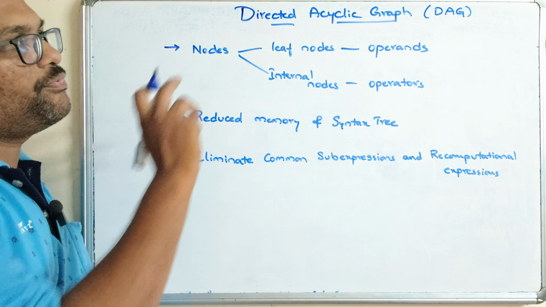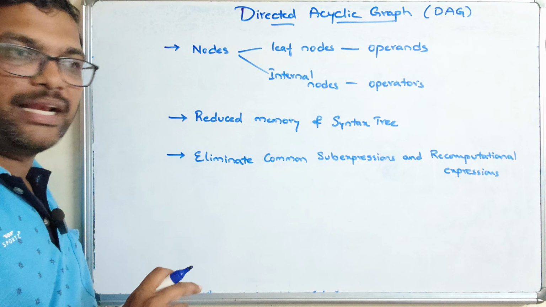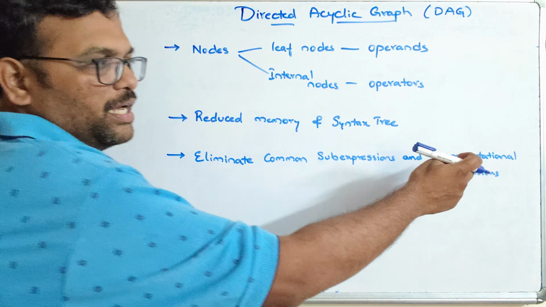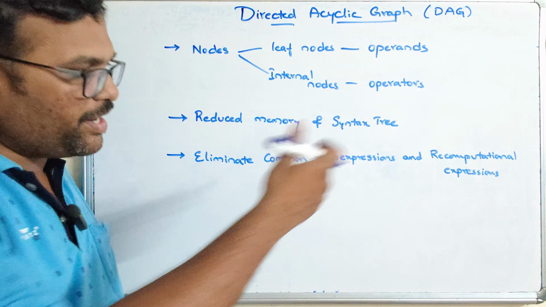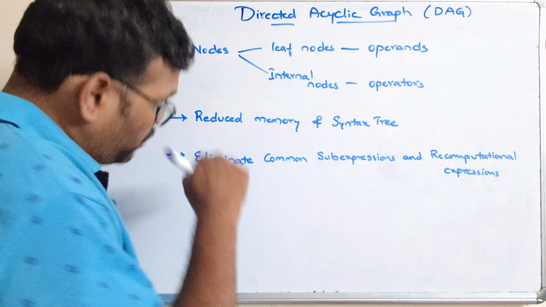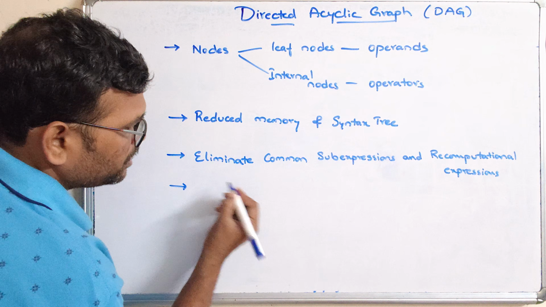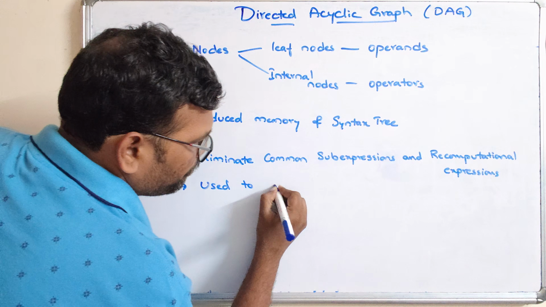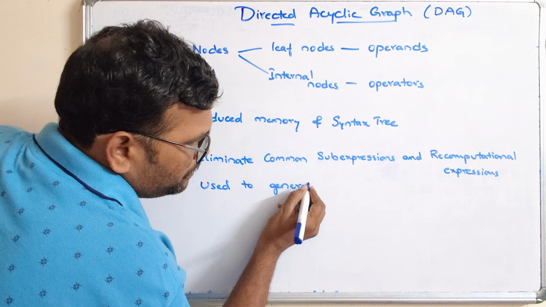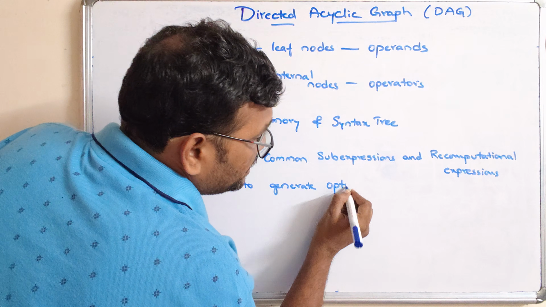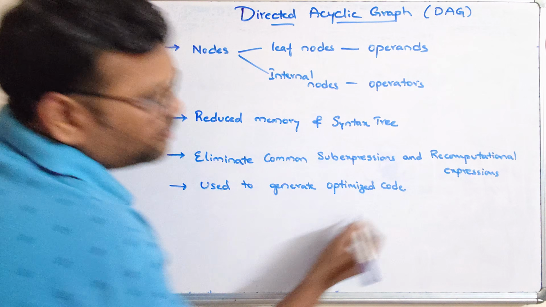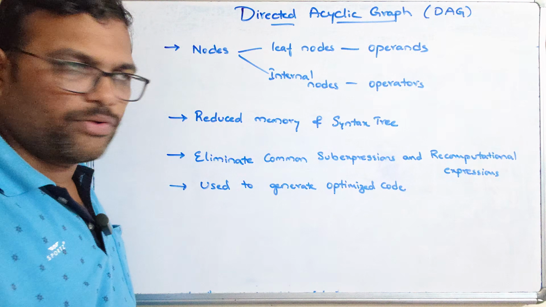The main reason for using this directed acyclic graph is that we can eliminate the common subexpressions as well as recomputation of expressions, and it will also be used to generate optimized code, which is the next phase of a compiler.